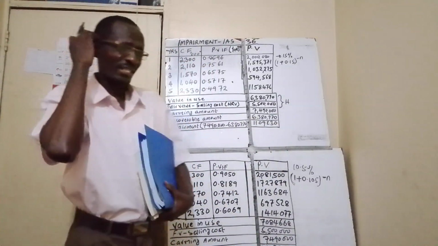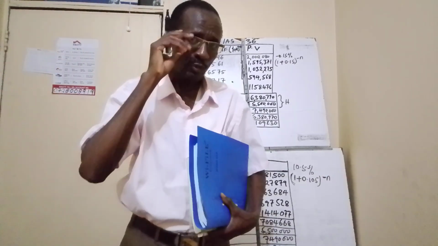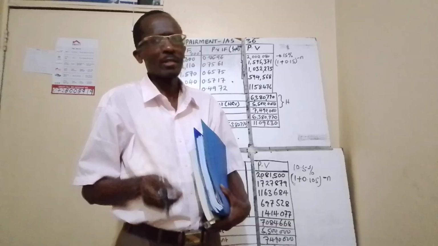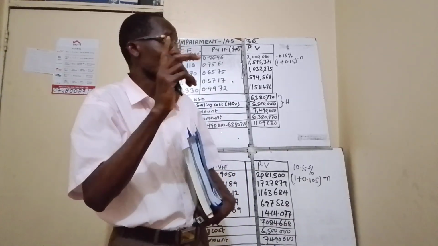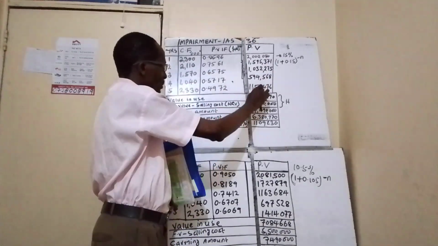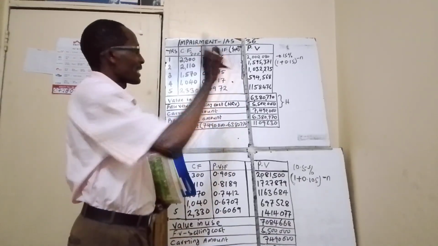That is because we are saying that impairment means situations where the carrying amount is more than the recoverable amount. However, we must establish our recoverable amount by comparing two items. One, value in use, which means summation of these present values. You get the value in use. And then the net realizable value.